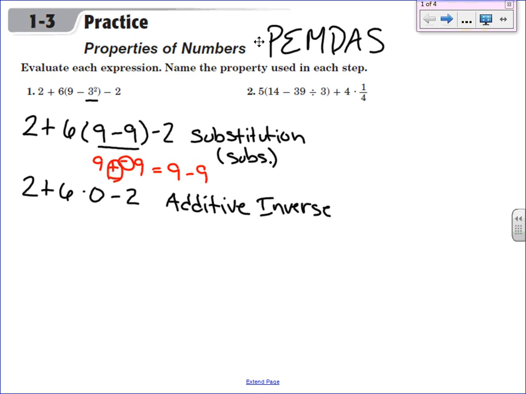After we're done with the parentheses, we can move on to exponents, which we don't have any more of. Then multiplication's the next one. So 6 times 0 is going to be 0.